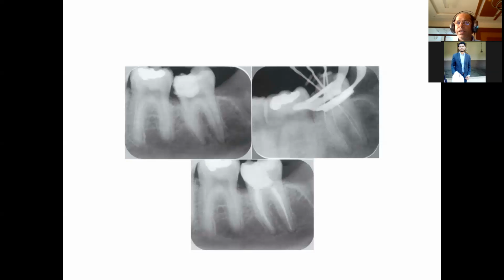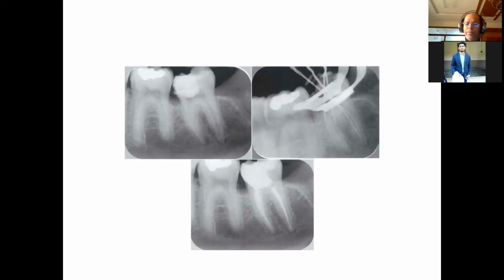You have to remove the dentine which is present over the pulp chamber. The dentine should be removed to open the whole pulp chamber, and then through the pulp chamber you can find the canal orifices, the openings of the canals, and through the file system you have to remove the pulp tissues and the contents of the pulp.